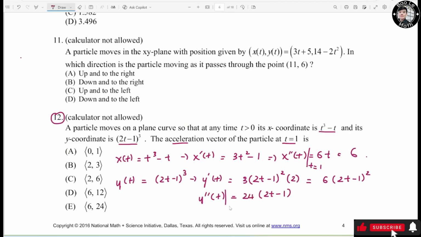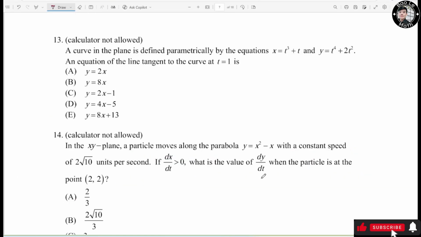Now we need to evaluate this one at t equals 1. So it's going to be 24, right? So the acceleration a of t is 6, 24. So the answer must be E.